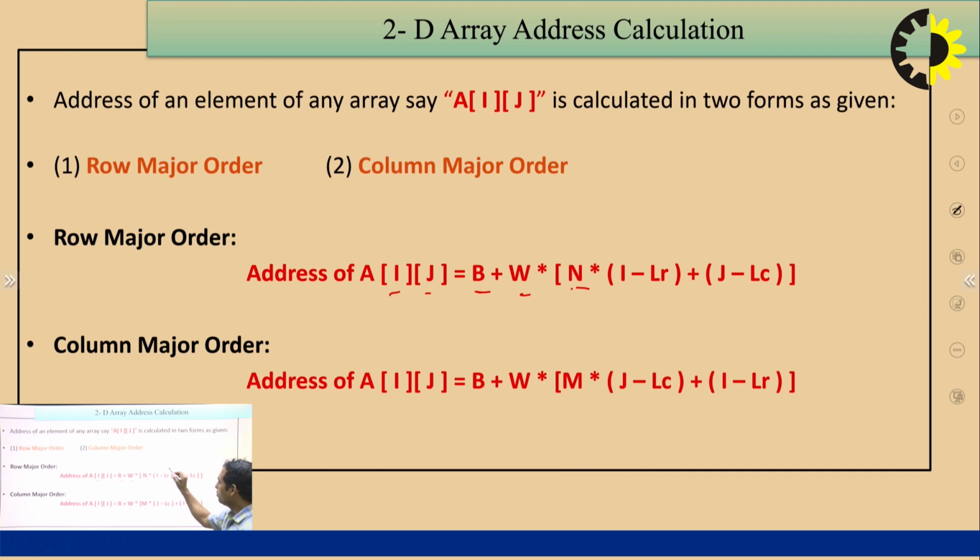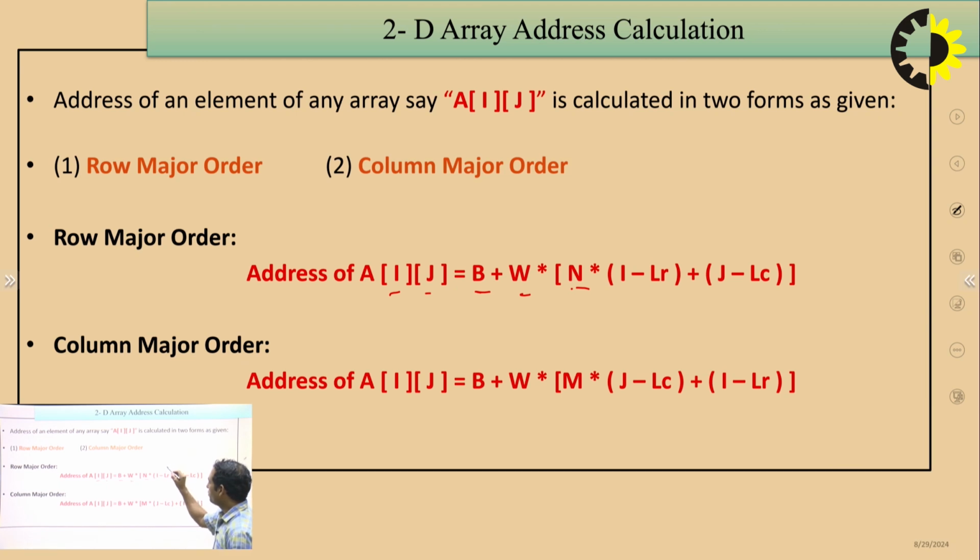If this is 0, then consider the simple case. So n into i means the number of elements in the rows before the ith row.